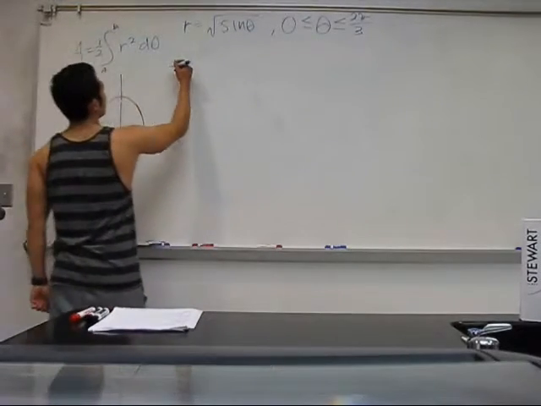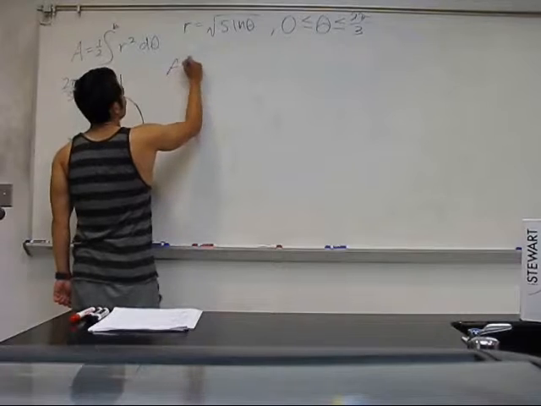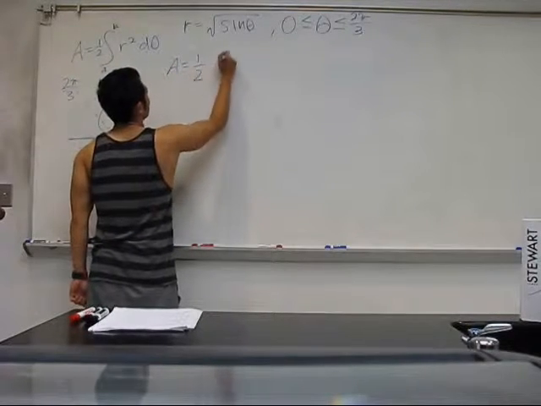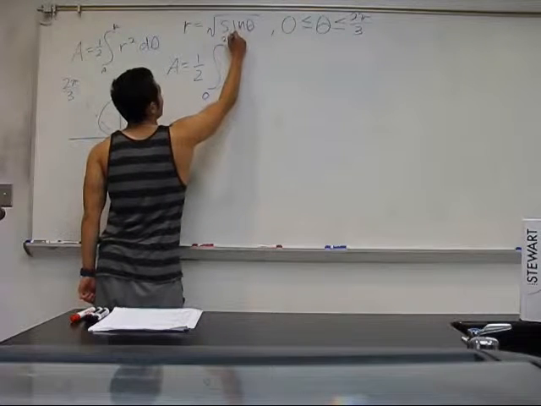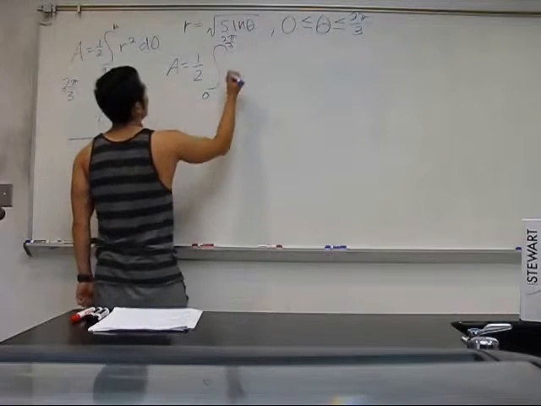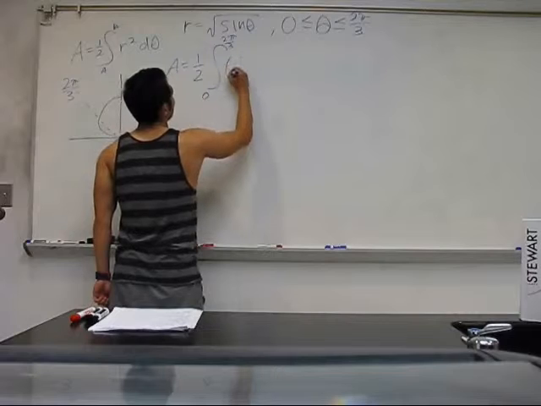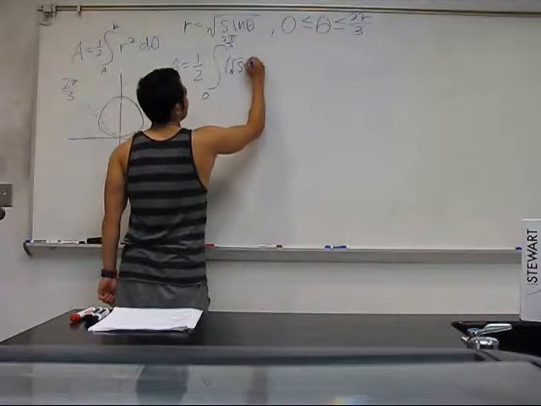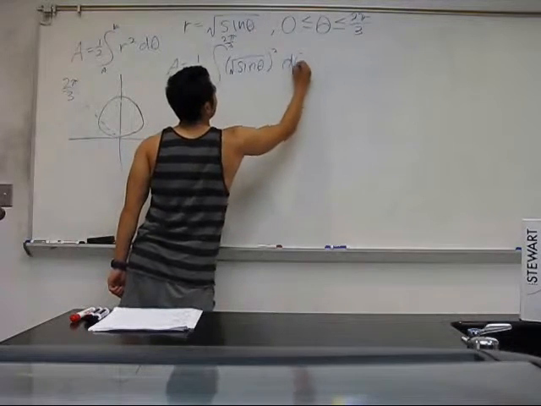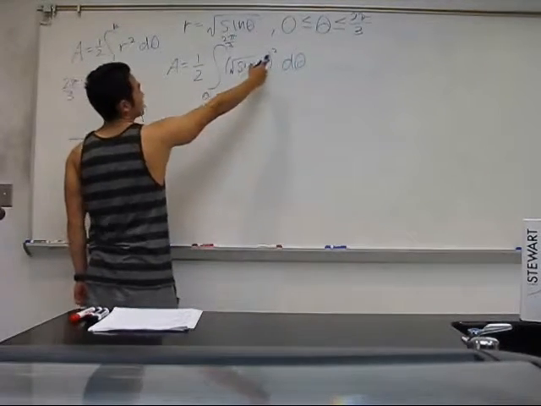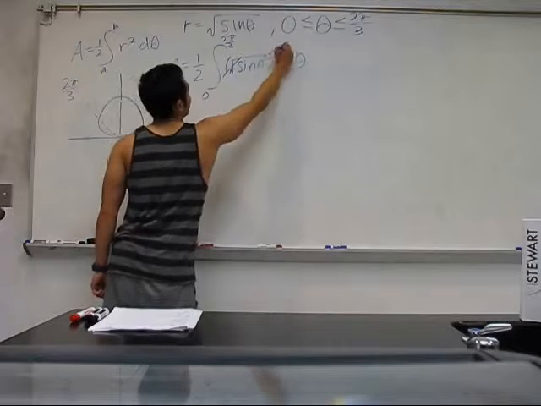So the first thing you're going to do is plug in r into the equation. And make sure you put your limits. And r right here would be root sine theta squared d theta. Now since there's a root inside the squared, they're going to cancel out.